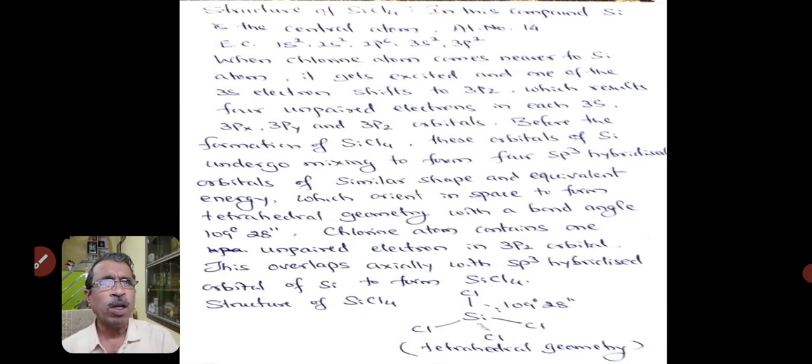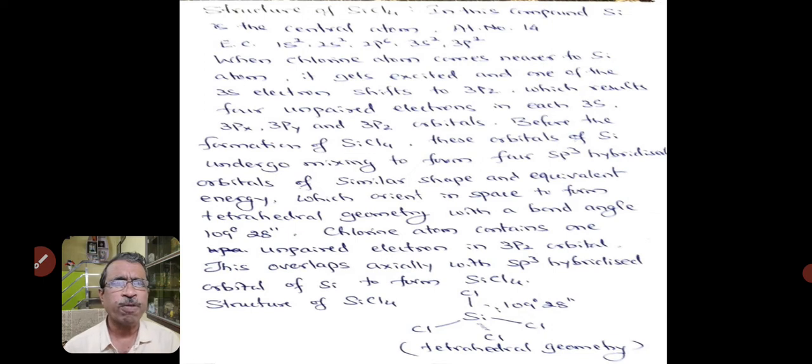Out of the 4, 2 are in 3s and 2 are in 3p orbitals. When a chlorine atom comes nearer to the silicon atom, the silicon atom gets excited and one of the 3s electrons shifts to 3pz, which results in 4 unpaired electrons in the 3s, 3px, 3py and 3pz orbitals.